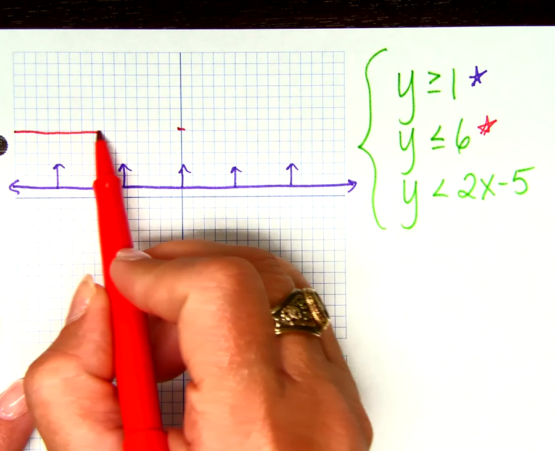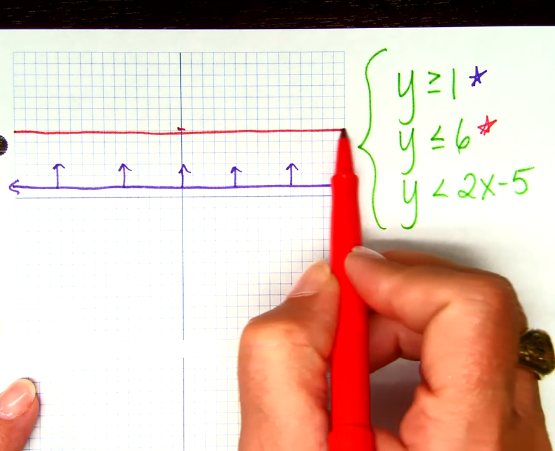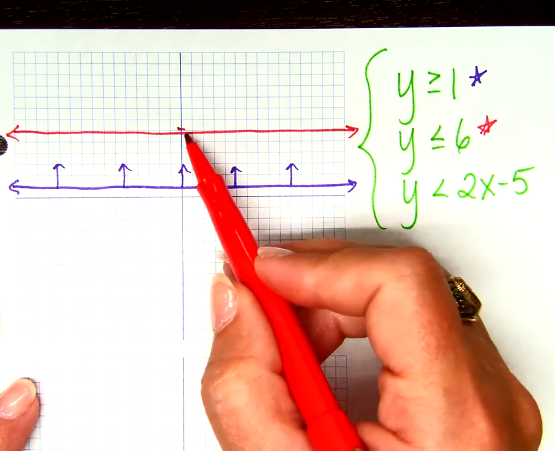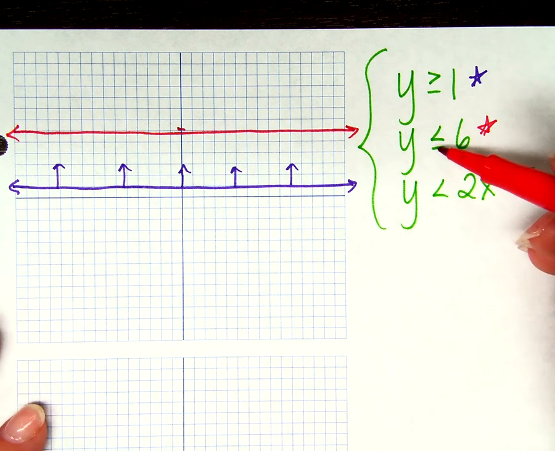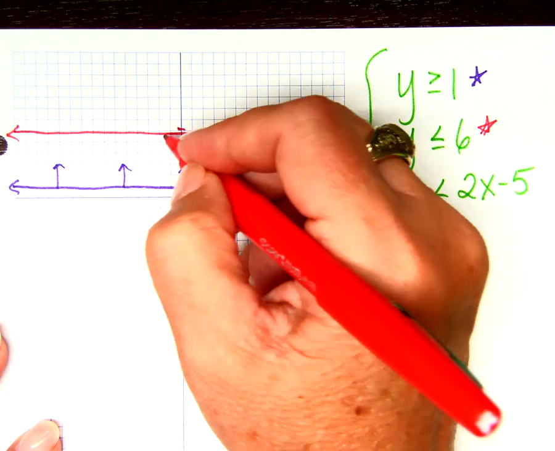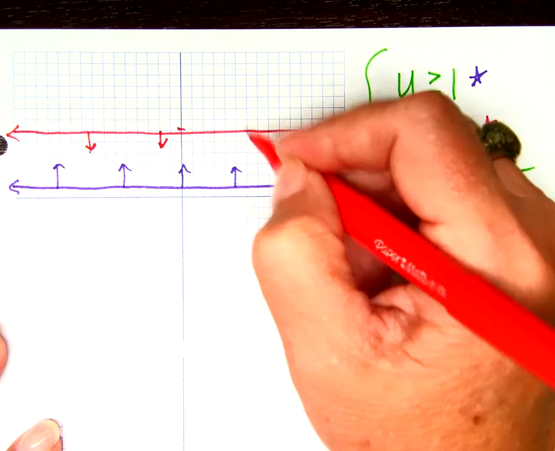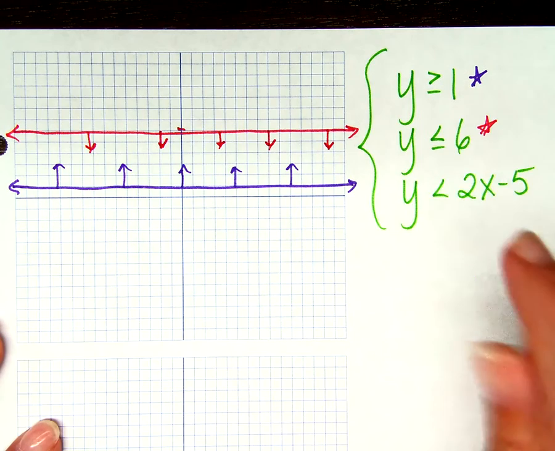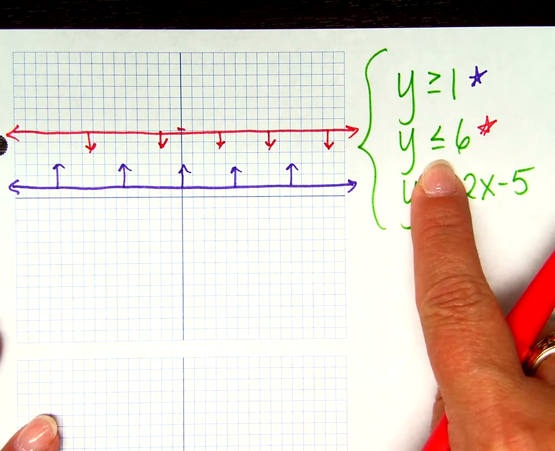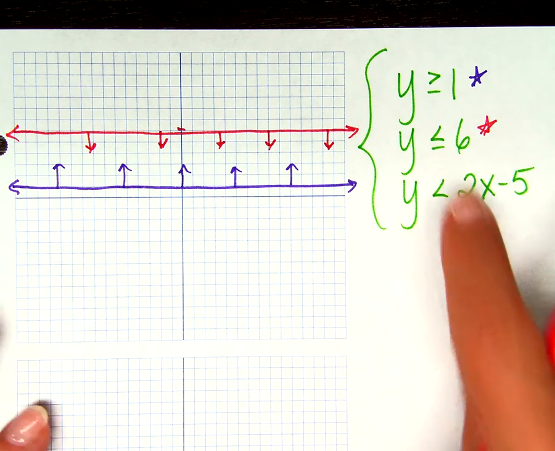And since there's only one variable, it's either a horizontal line or a vertical line. It's crossing the y-axis, so it's a horizontal line. And since it's less than, I would shade below. Like somebody pointed out, we made sure to draw a solid line because it is less than or equal to.